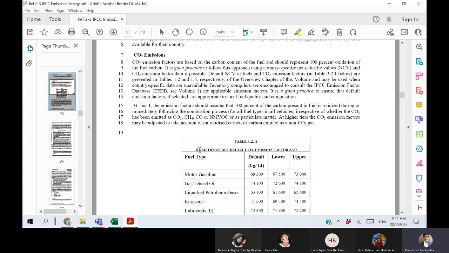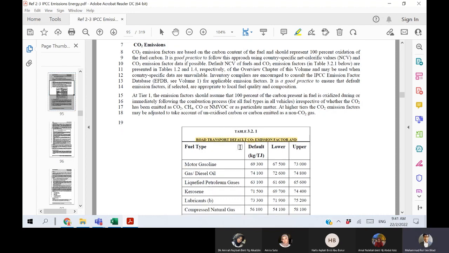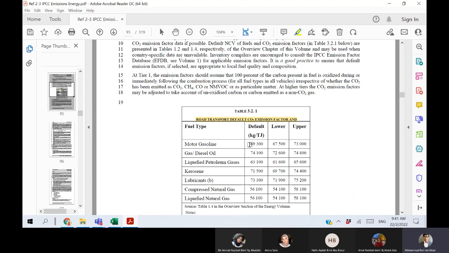Okay, because this one is more accurate. Road transport default. So I use this data. You get motor gasoline 69 default, gas diesel oil 74,100.